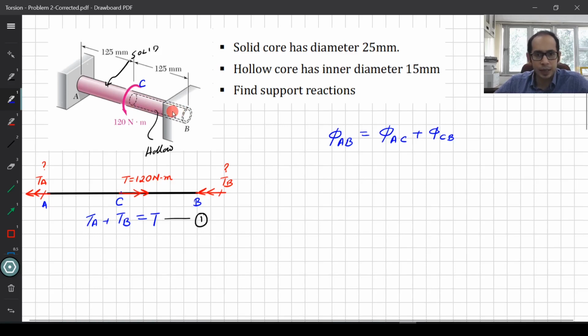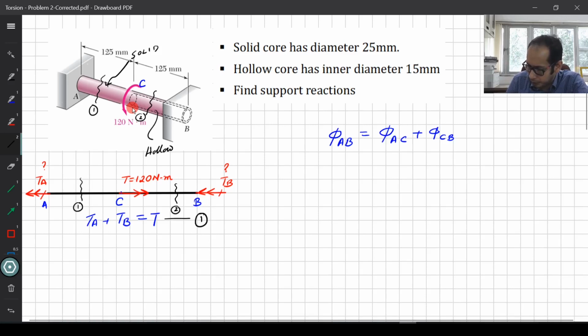As you can see, we always draw the sections where we have a discontinuity. Here I have an applied torque at the point C. So I am going to take a section 1 over here and a section 2 over here. If I show this in the 2D diagram, this is 1 and this is 2. Now for the first portion, the AC part, if I draw the free body diagram there, how do I represent the cut section?